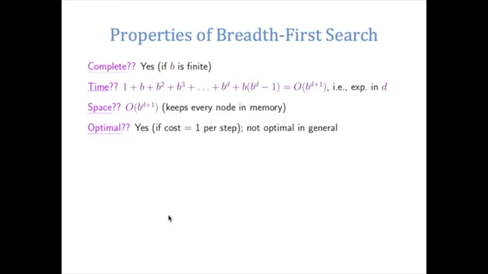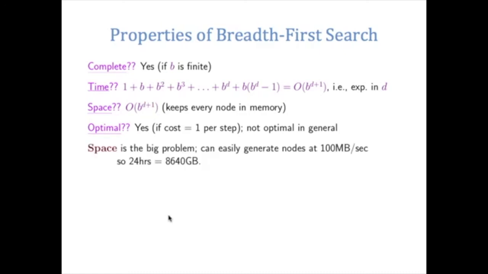Because, for instance, if there were a path from Arad to Bucharest that was short in terms of the number of actions taken, but really long in terms of mileage, it would reach that solution state before it reached a solution state at a deeper level of the tree, that required more transitions from city to city, but which might have a total shorter mileage.